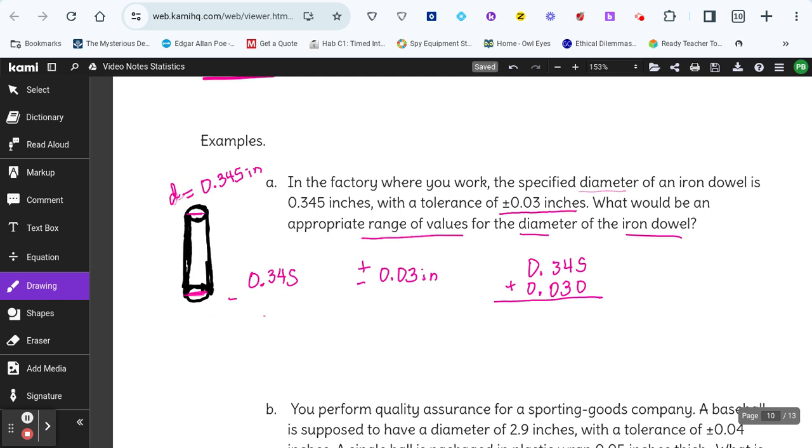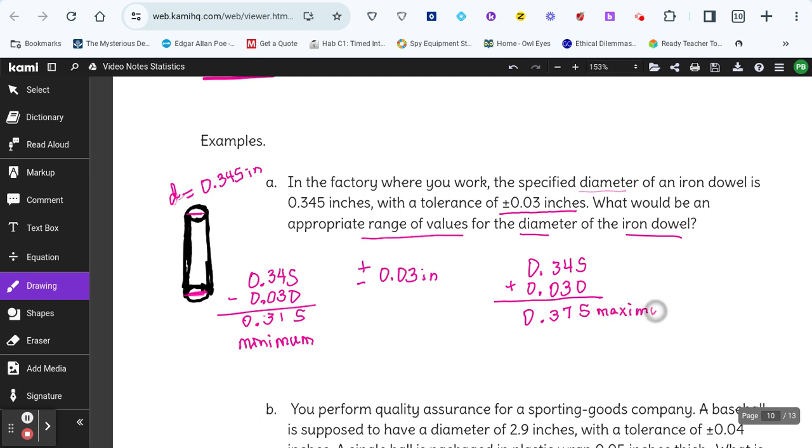And that would be the play that you have in the diameter of that dowel. So that's 5, 1, 3. That's going to be the minimum value. And here, 5, 7, 3. This is going to be the maximum value.